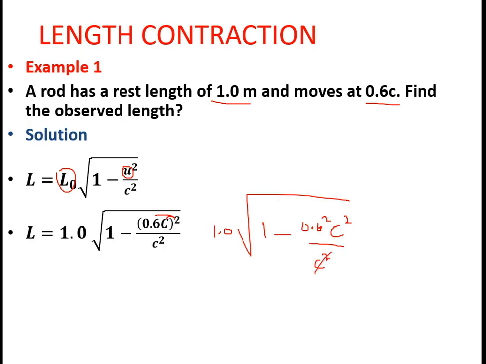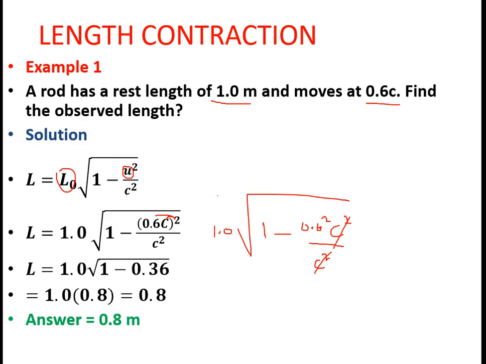So this will cancel this. Are you following me? Now the equation reduces to this, because when you square 0.6, you will get this. You simplify it and arrive at 0.8 meters.